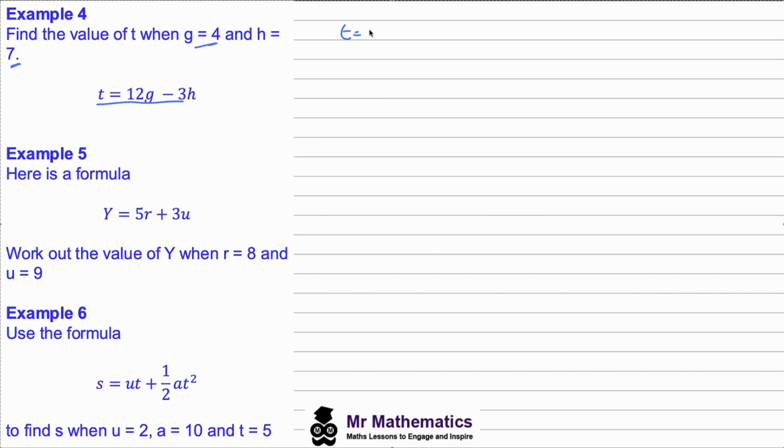So T will be 12 lots of G, I'm going to put this into brackets, minus 3 lots of H, and H is given as 7. And again, using the order of operations, we do the multiplication before the subtraction. So T will be 48 minus 21. So T will equal 27.